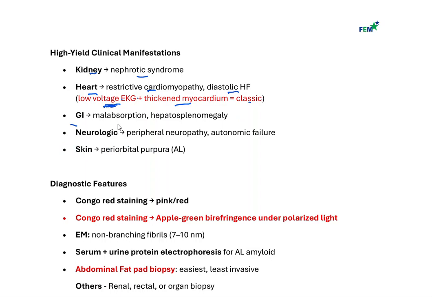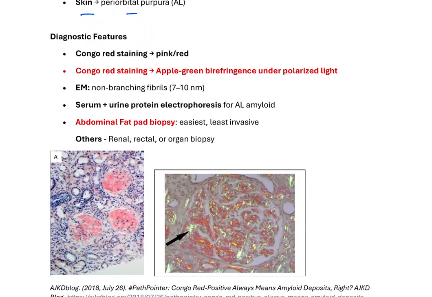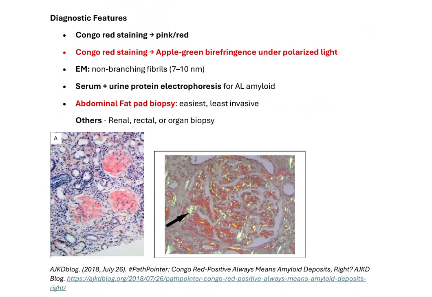And in GI, they could have malabsorption, hepatosplenomegaly. And in neurology, they could have peripheral neuropathy, autonomic failure, or autonomic dysfunction. And in the skin, they could have periorbital purpura. We spoke about all those earlier. So now let's move on to diagnostic features that we see with amyloidosis.